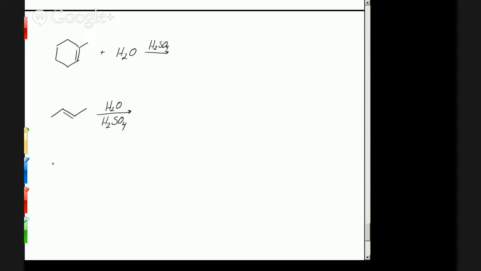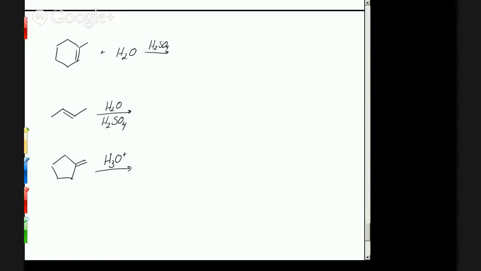And then a final example. Sometimes the extra acid isn't even shown because it's assumed that we know what that might be. So a lot of times, just to make it simpler, we'll just say that our reagent is hydronium. And that means the same thing.